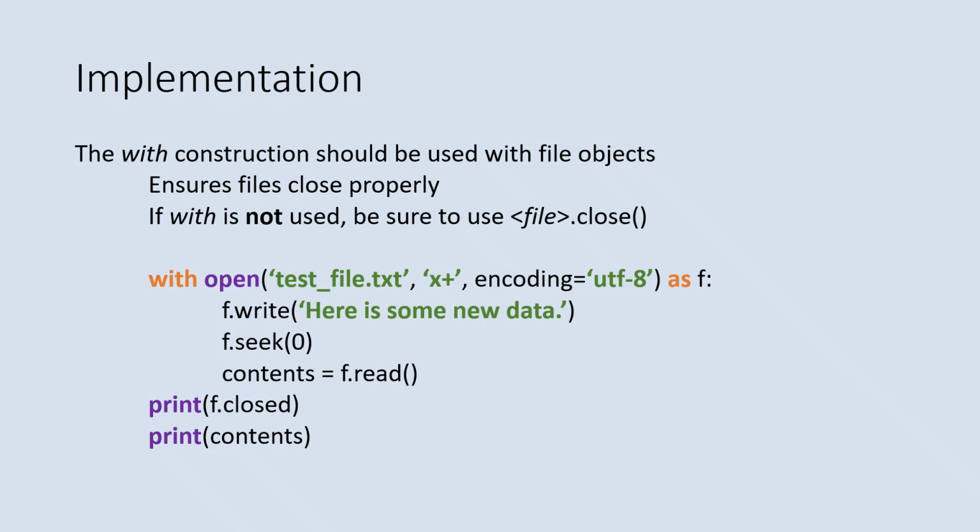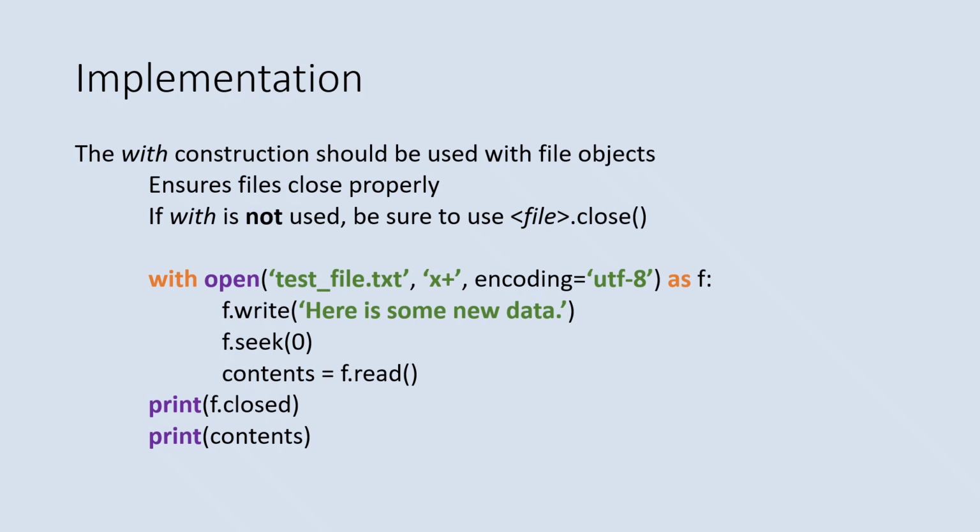Now, if you did this without the f.seek, ran it and saw that contents was empty, but then just typed it all again and ran it again, we get an error message that we tried to create a file that already exists.